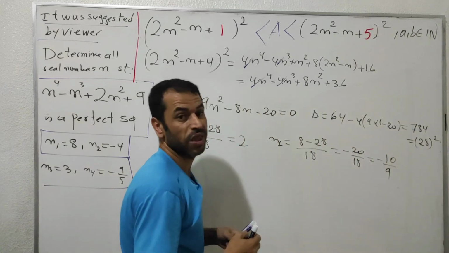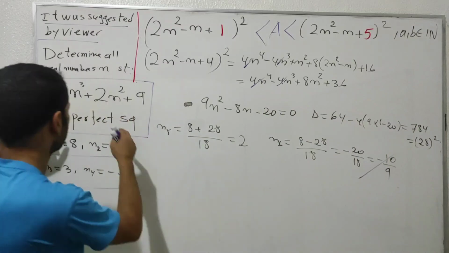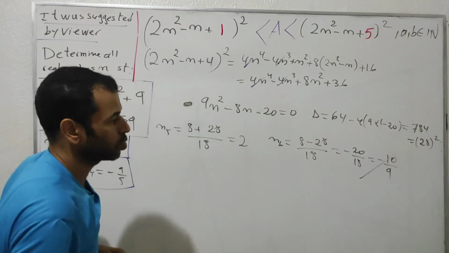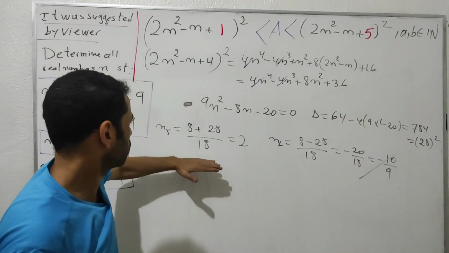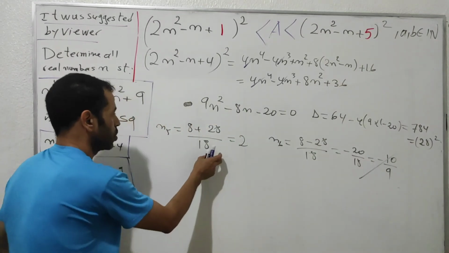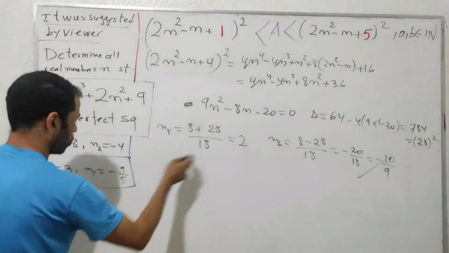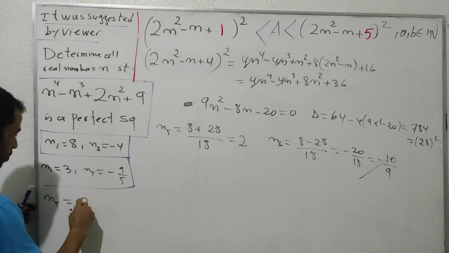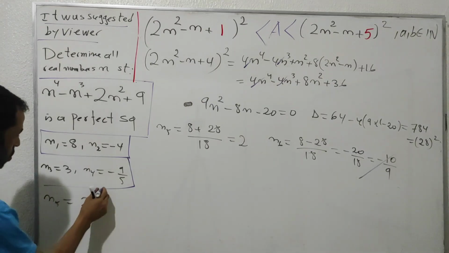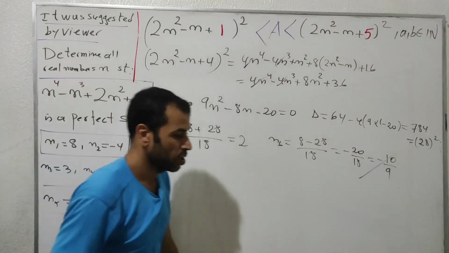Okay, this is not a perfect square. When you plug this term into this one, it is not going to give us a perfect square. Okay, but this one is still working. This one is giving us a perfect square. Okay, so I'm going to add only one solution from these solutions. I get n5 equals number 2. So we get 5 solutions that satisfy this equation.